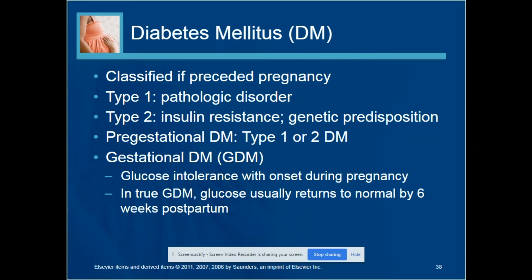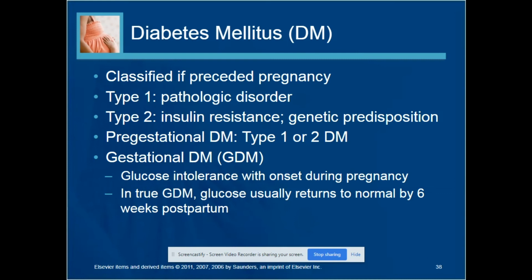Now, moving on to diabetes mellitus. I'm trying to catch up and see what page we're on, and that is page 97. Diabetes mellitus is different from gestational diabetes because it is preceded by the pregnancy.